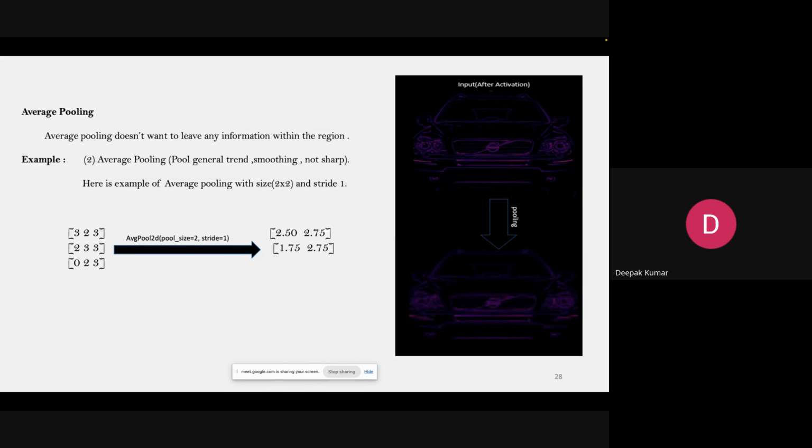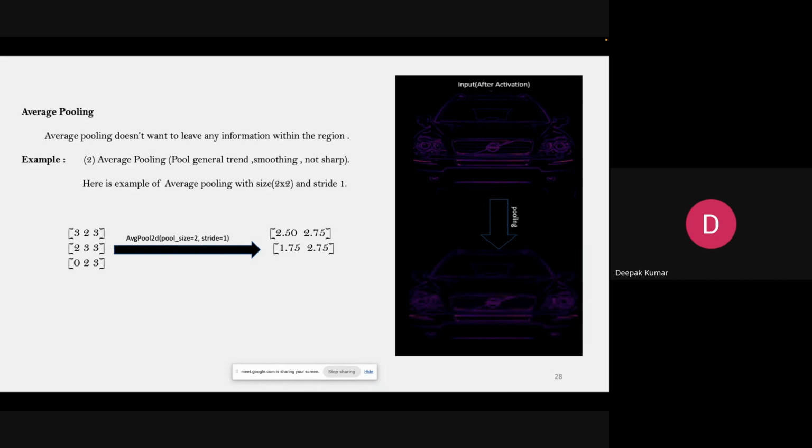If we go to mobile networks, lighter networks, they use global average pooling, meaning they extract all the features and average them out to generate the general features. In that case it is quite useful, right? So these are two different use cases, and the choice of pooling depends on the application.